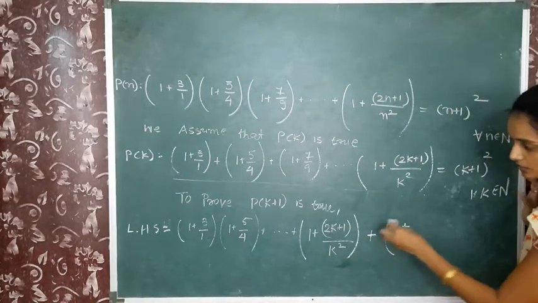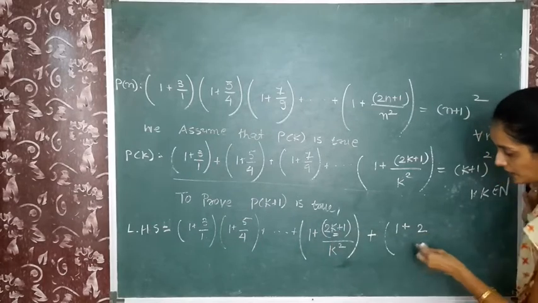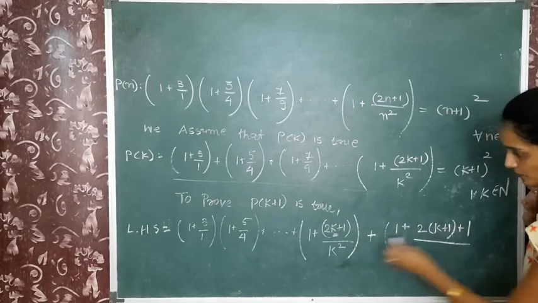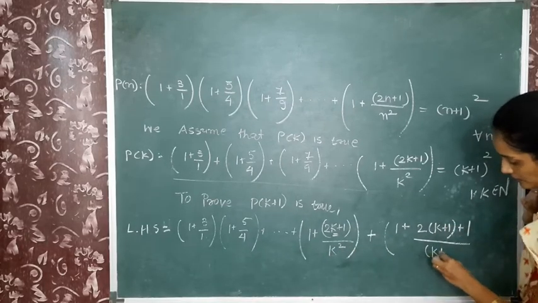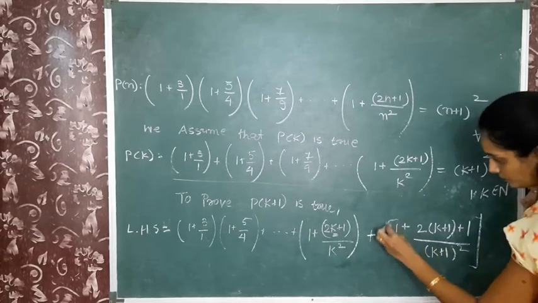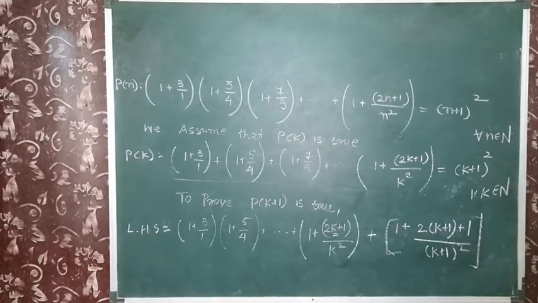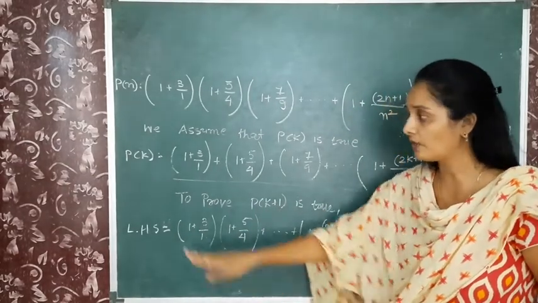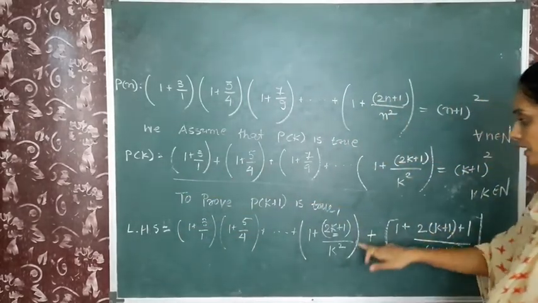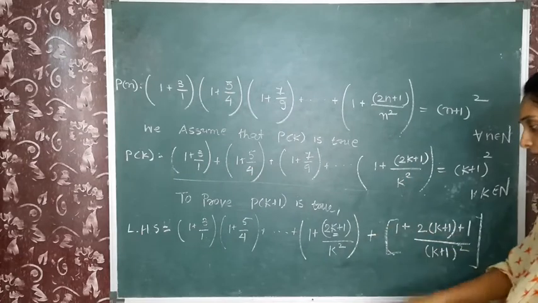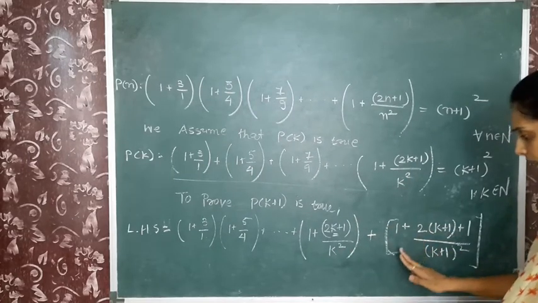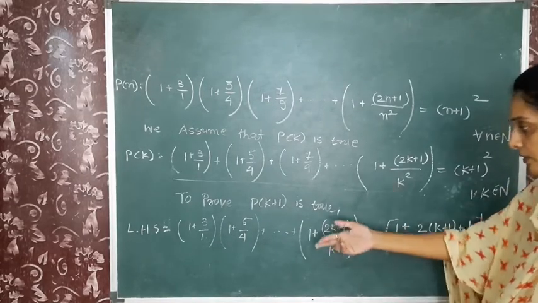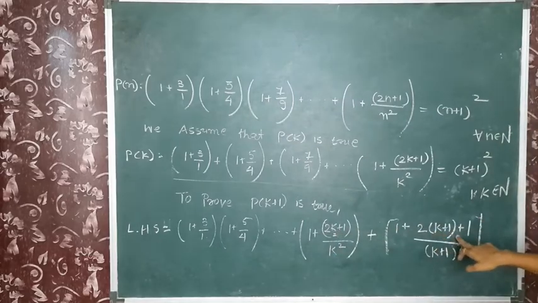So the next step is 1 plus (2(k+1) + 1) upon (k+1)². Again, to write the left hand side of P of k plus 1, first we write the left side of P k, and then we add one more step, which is the last step of P k with k replaced by k plus 1.